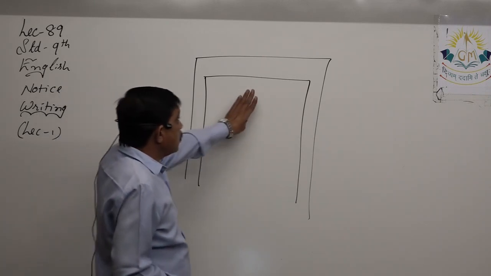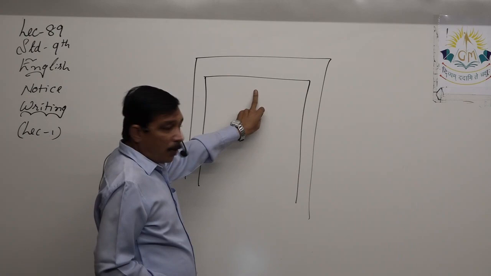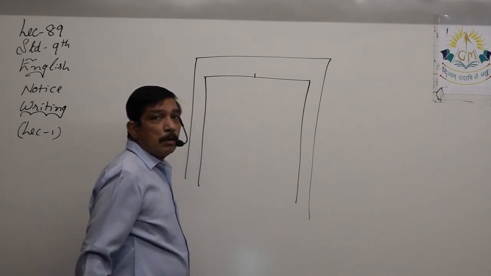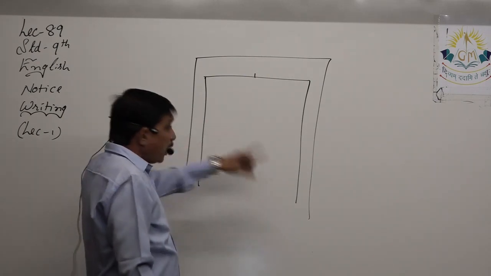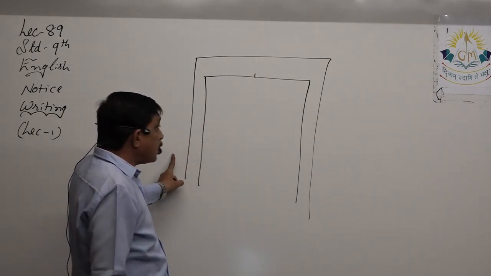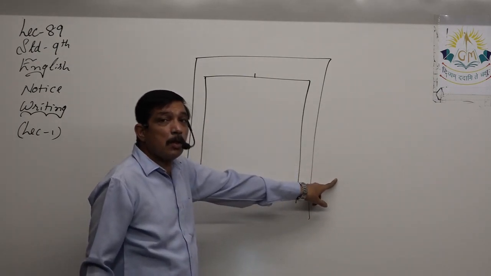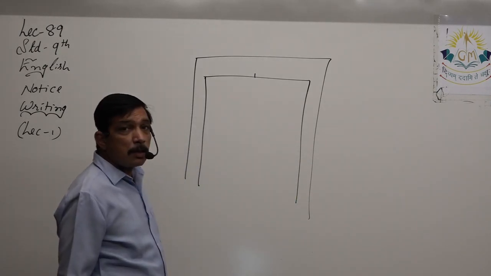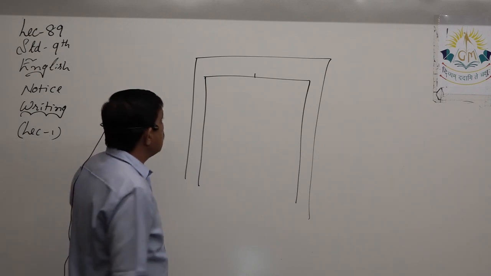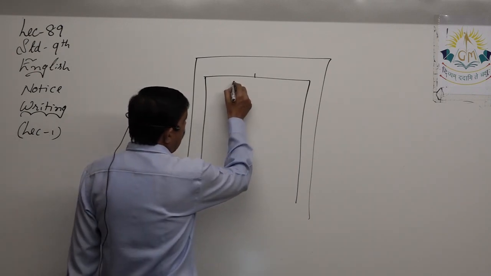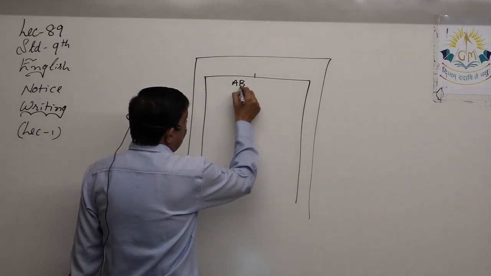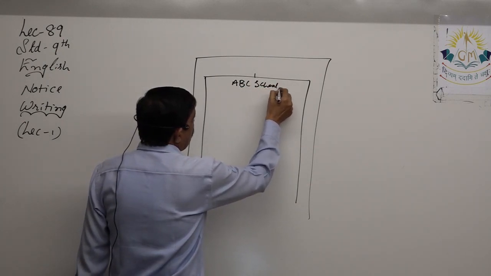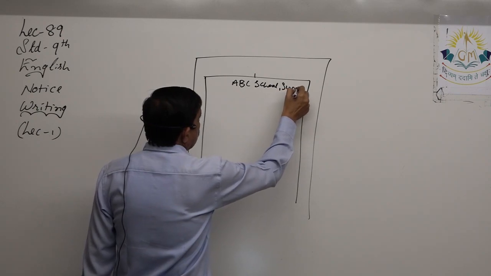Now, if this is the box, see the approximation that this is the center of the box, not the page, because you will be having margin over here. You will have no margin or no space right on the left, right? So see that this is the center of the box that you have made. Then see the approximation that if I write ABC School, comma, Surat.